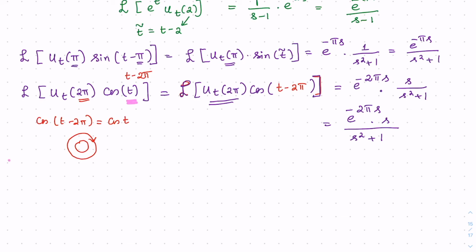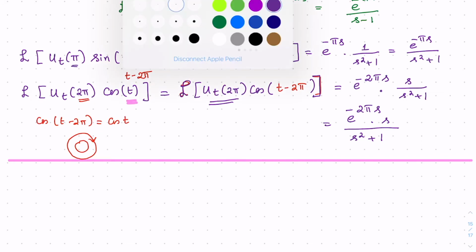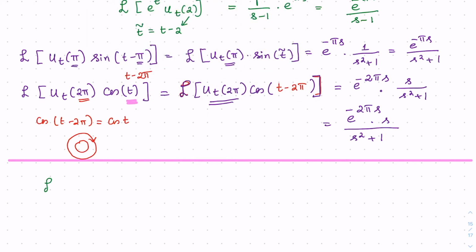I'm going to actually do the reverse process of what we did earlier. So what is the Laplace inverse of e to the negative pi s times 1 over s squared plus 1?